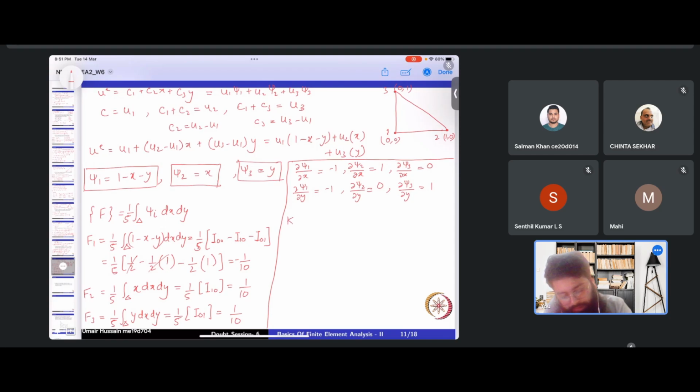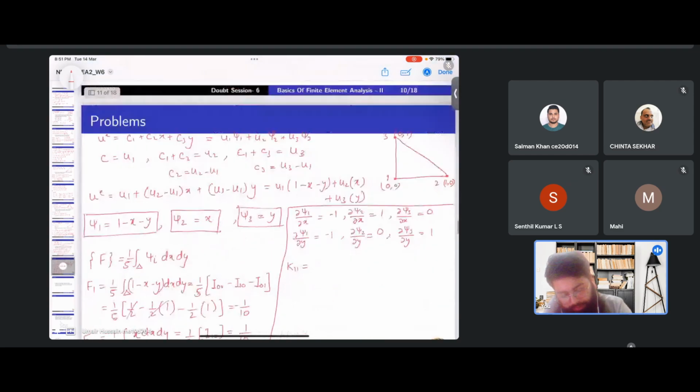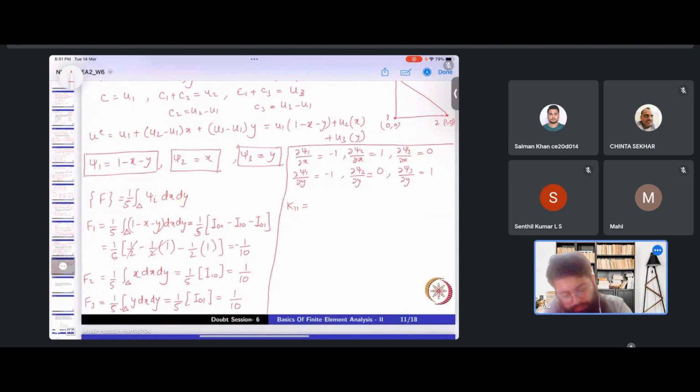So first of all, K11. We have the integral of dou psi 1 by dou x times dou psi 1 by dou x plus dou psi 1 by dou y times dou psi 1 by dou y.